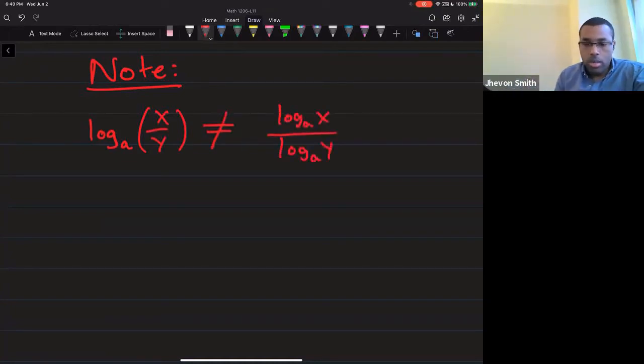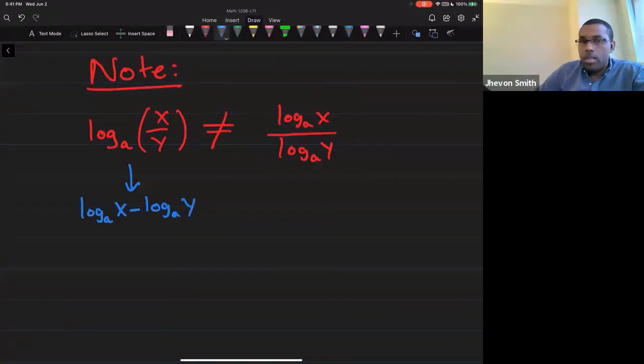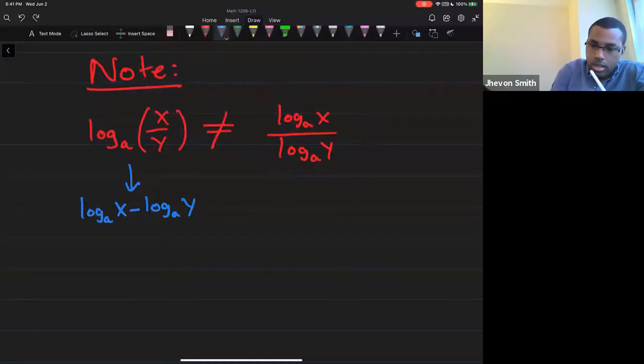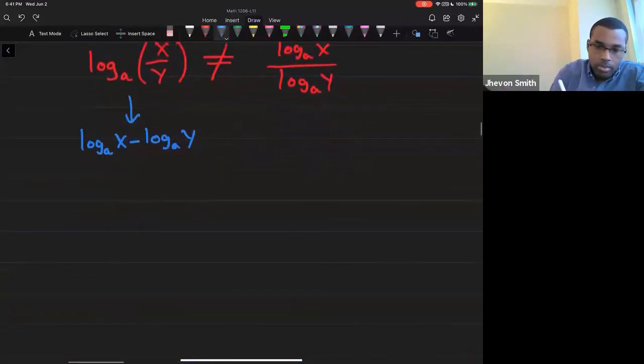That's not true. This is actually equal to log of x minus log of y, right? That was a log rule. So I see students all the time, when they see two logs dividing each other, they kind of push it in, like, just one log and then of the division. That's actually incorrect. So that's not the case.